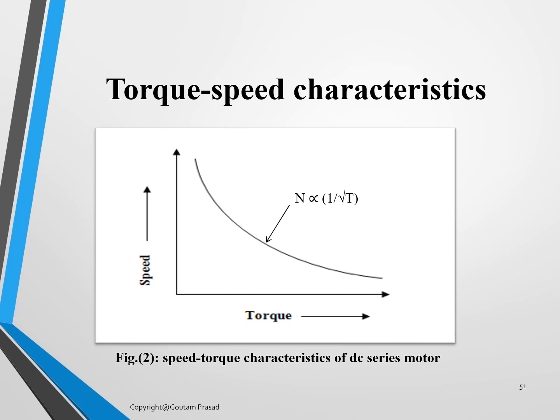Here, with the increase in the load, the field is becoming stronger, so the speed decreases very fast with the increase in the torque demand. As you demand more torque or you load the motor heavily, the drop in the speed of the motor is very significant.